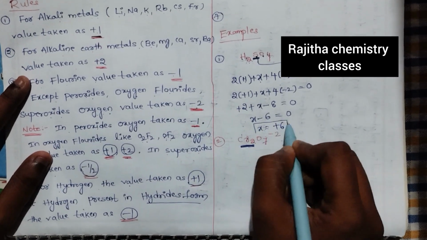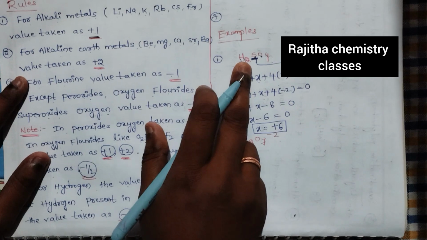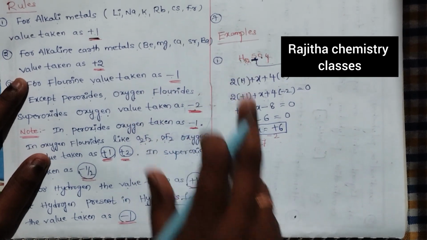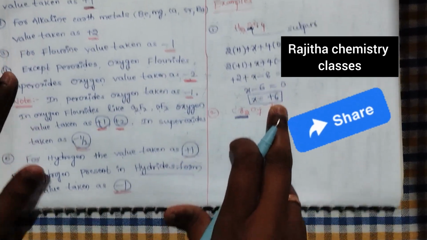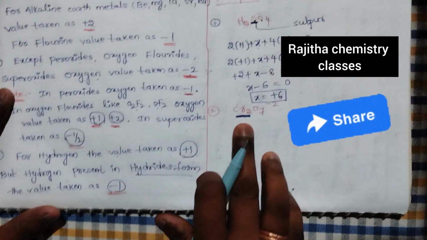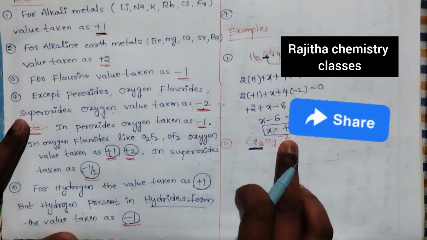So what is the oxidation number of sulfur in H2SO4? Plus 6. Taking another example: Cr2O7 with charge minus 2.